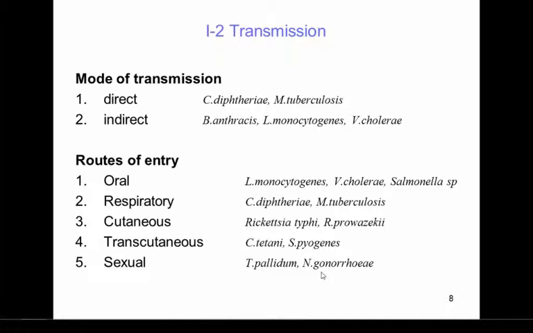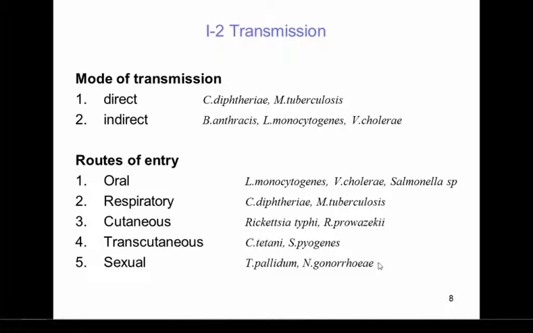Gonorrhea sometimes can be asymptomatic or mild in men. You can have a very severe burning sensation when you pass urine if you have a gonorrheal infection. But sometimes it can pass, and you can still be infectious. For women, this can develop into salpingitis and scarring of the fallopian tubes.